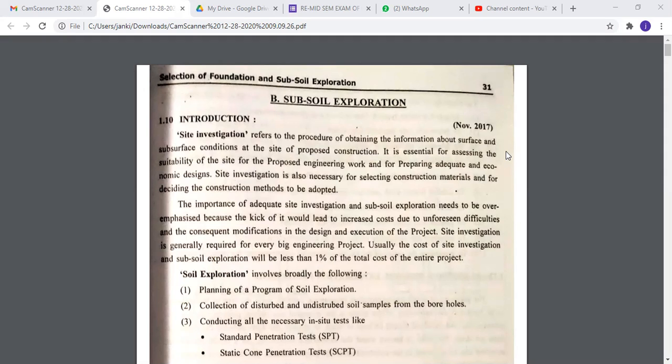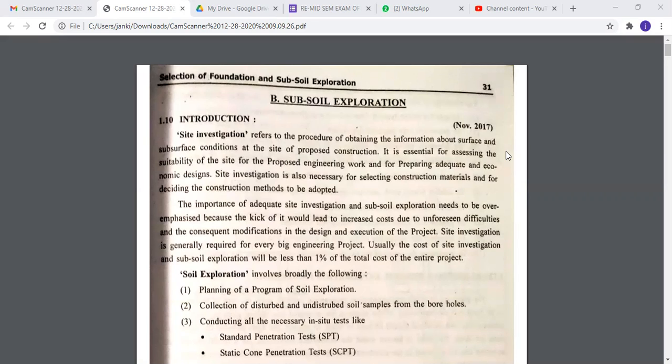Site investigation is generally required for every big engineering project. Usually the cost of site investigation and subsoil exploration will be less than 1% of the total cost of the entire project, right?